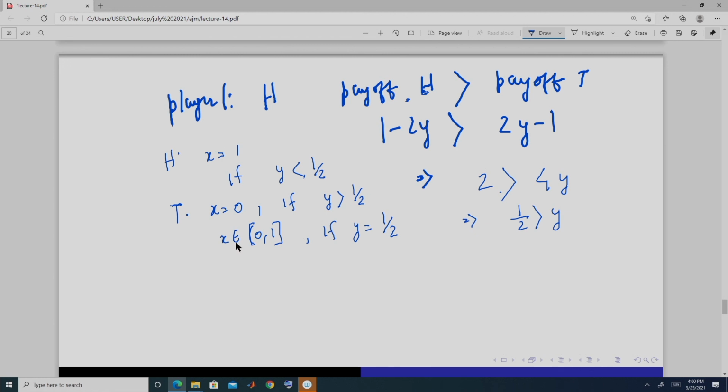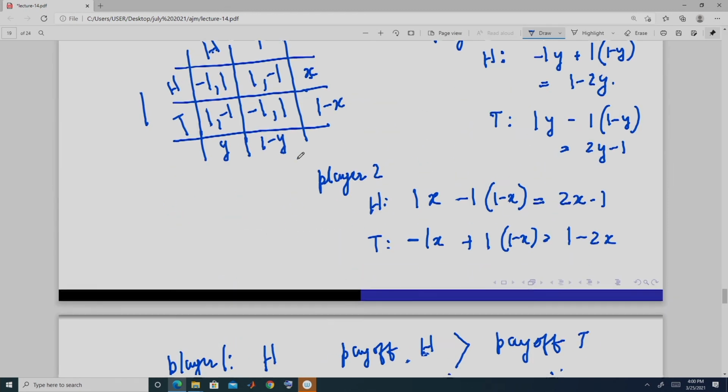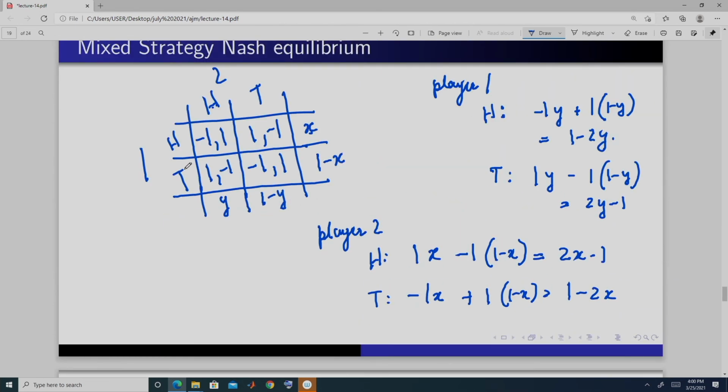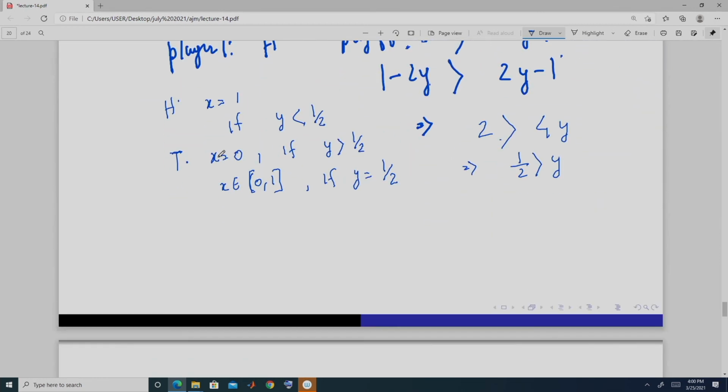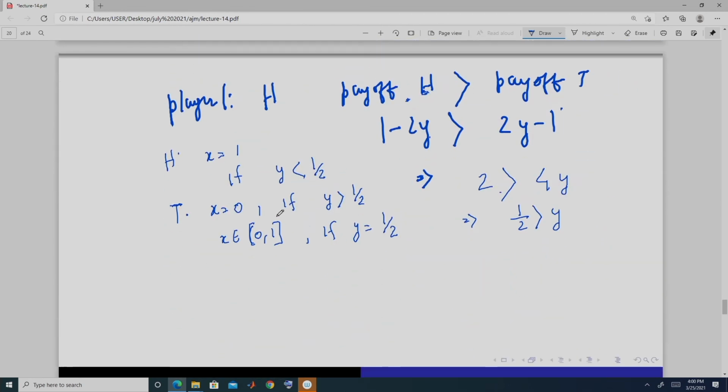So we can derive this, because whenever this is greater than this, it is always going to play head. So x equal to 1 means it is always going to play head. If y is greater than half, then this is just the opposite sign, so tail is giving player 1 more. That is why player 1 is always going to play tail, so it attaches 0 probability to head.